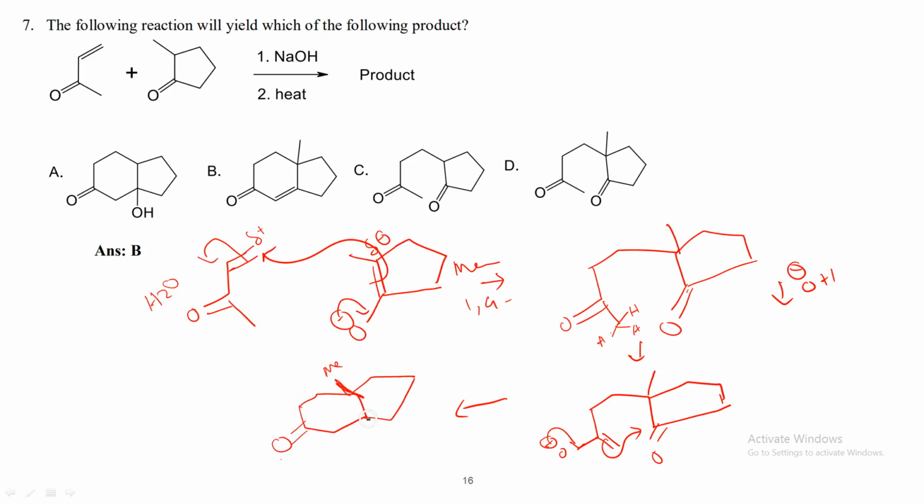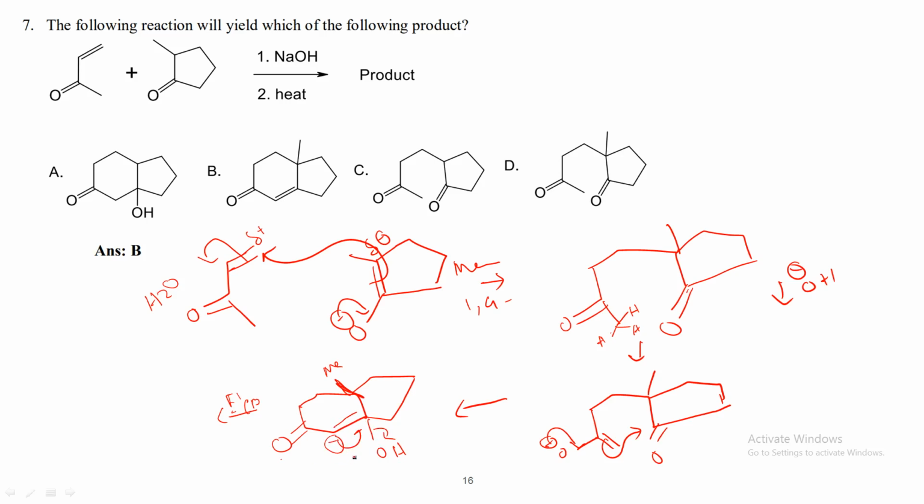Here the attack is here, right? So here OH or O minus, let's say. Now the condensation can be happening, so you can think of an E1CB type. At first one proton is withdrawn and this negative charge is formed, then the formation of the double bond over here.